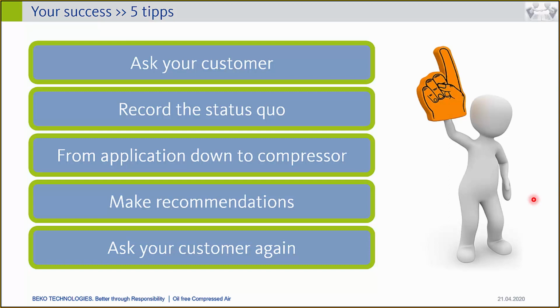And once the customer is happy, ask for a reference, because references are always used in sales jobs, and they very often help to convince the customer and to be successful.